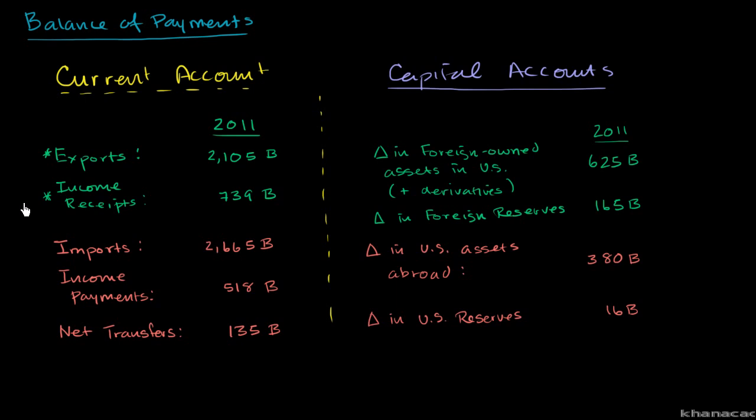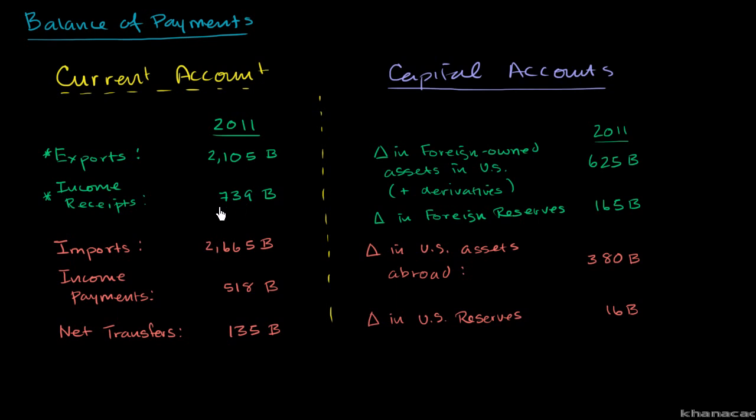So imagine that I'm an American citizen. I own an apartment complex in London. The folks in London have to pay rent on that. I convert that rent to dollars and I bring it back to the U.S. That would be an income receipt to me. It's the reason why currency or payments are being made to the U.S. And so once again, that's why I've colored these right over here in green.